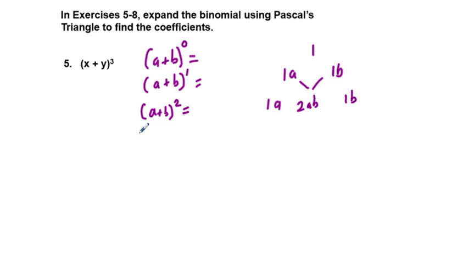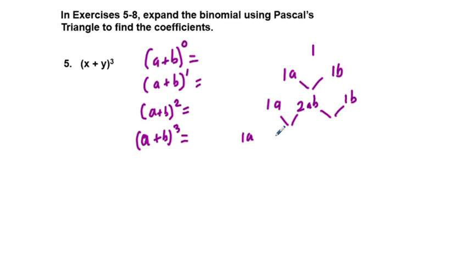And for the third power, quantity A plus B to the third power, this is going to help us answer our question. We're going to have additions here, and we're continuing down the edge where we have 1A to the third power, and 1 plus 2 is 3.